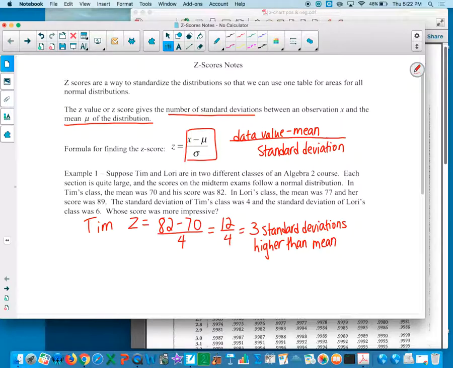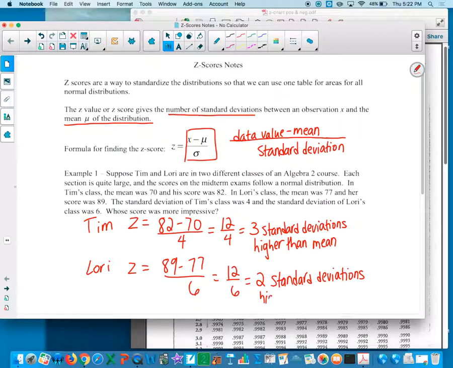So if we calculate her z-score, if you're basing how well they did off of their classes, it looks like even though Tim's score was lower, he did better than the rest of his class because he was 3 standard deviations higher than the mean, whereas Lori was only 2.